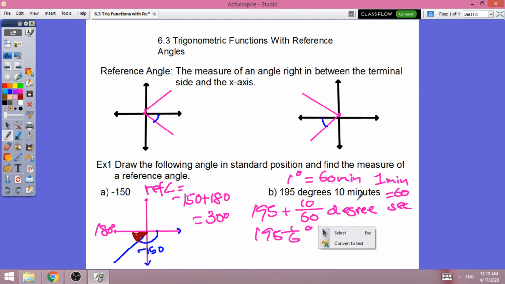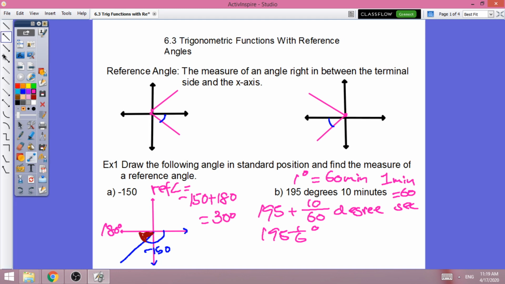Now let's draw the standard position first so we can find the reference angle. Once again, I need the x-axis, so let me pick the right arrow this time.